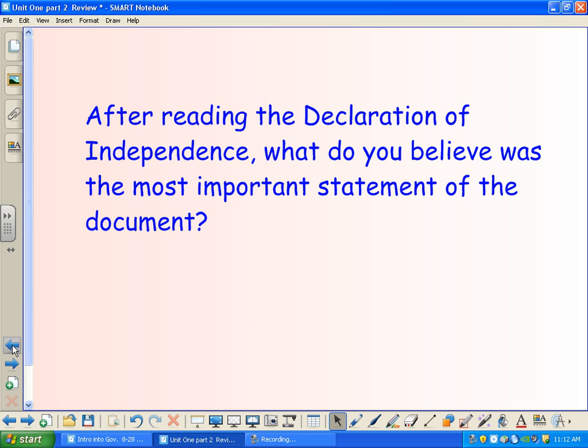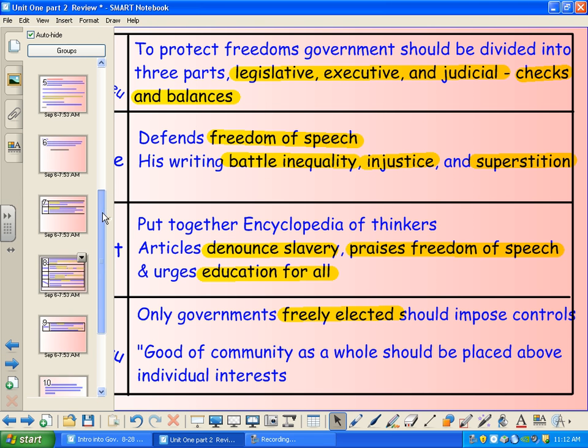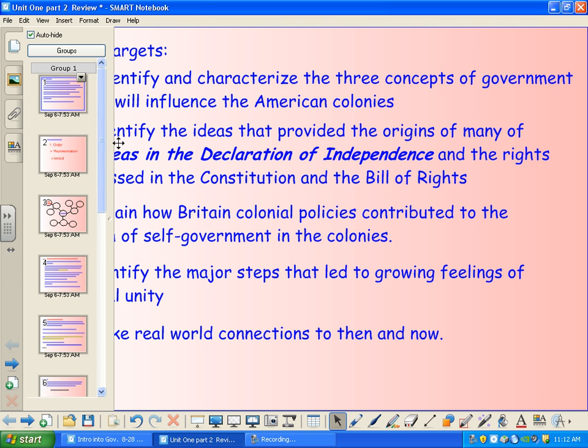All right. Now, I do want you to understand, I'm going to go back here. Hang on, let me get to the right spot. Okay, here's the targets.